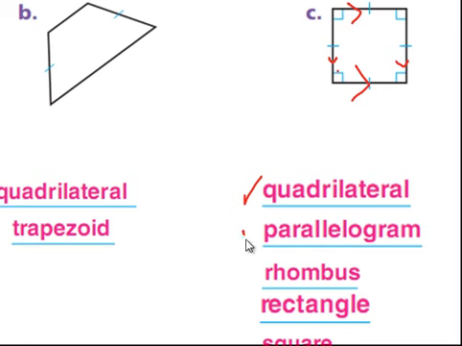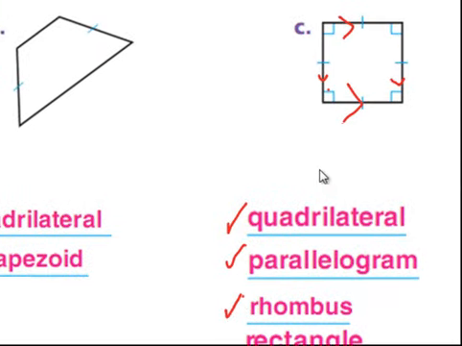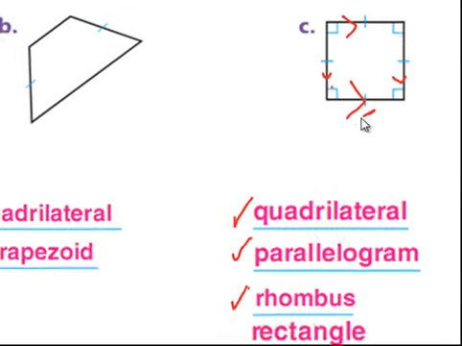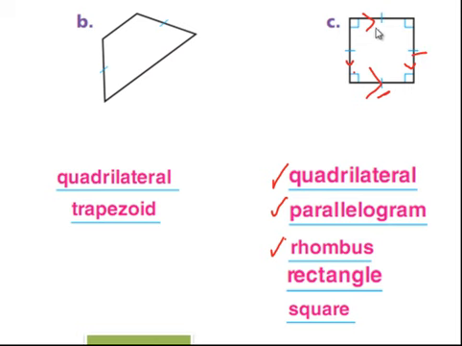So I name it parallelogram. Rhombus. Why rhombus? Because there are four equal sides. As you see, four equal sides means four equal sides in length.